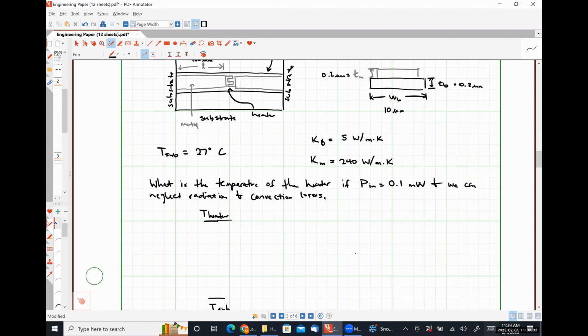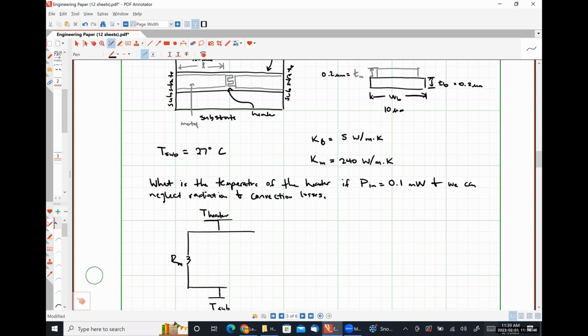So it's going to have a path through the metal on the left. I'm going to call that RM. It's also going to have a path through the beam on the left. So let's call that RB. There's a path through the beam on the right. And there's a path through the metal on the right.